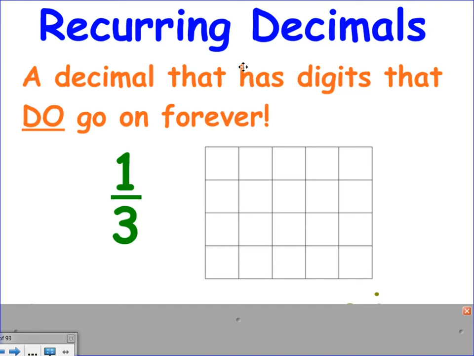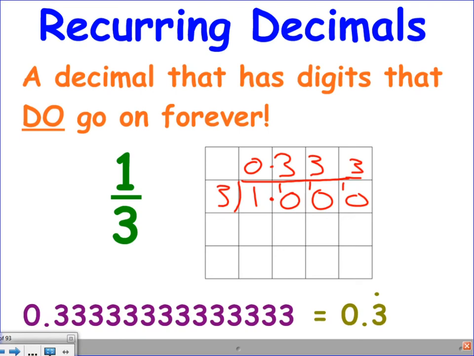So let's have a look. 1 over 3 means what? 1 divided by 3. So if I have a 1 and I divide it by 3, 3 doesn't go into 1, carry it over to the invisible 0. 3 goes into 10 3 times, remainder. 3 goes into 10. See where we're going with this? Yeah. So you end up with 0.33, and it just goes on forever and ever.